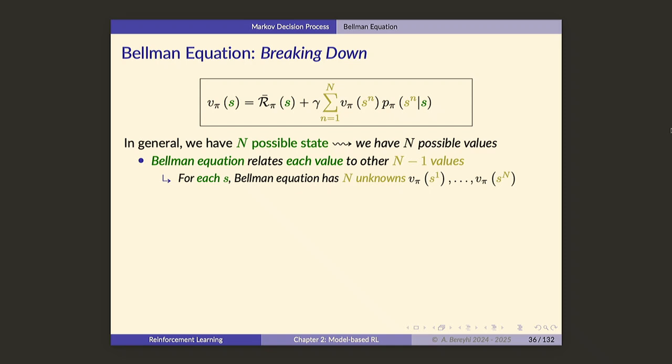And then I can write them in this equation, right? Now, this green S is definitely going to be one of those states, right? And for any state S that I put here, I'm going to have one equation, right? That equation, how many unknowns does it have?